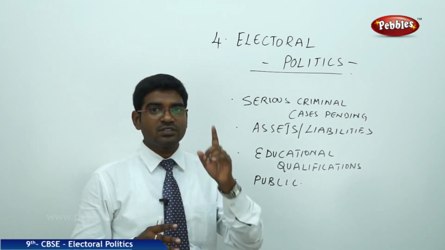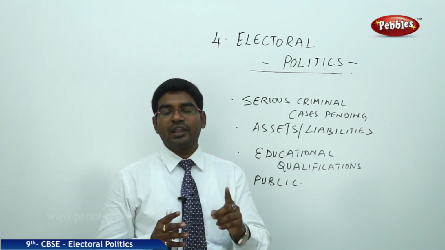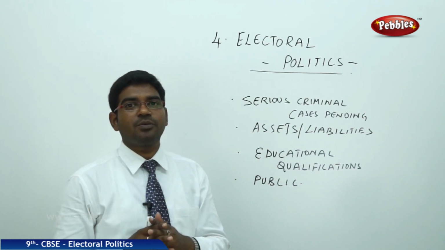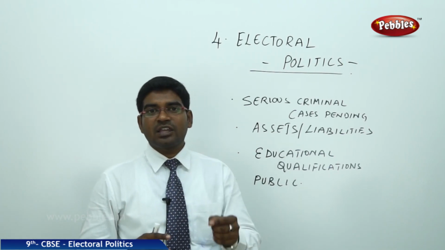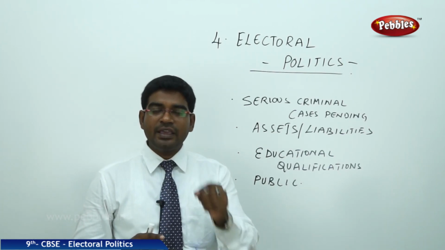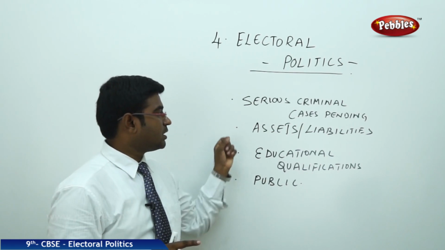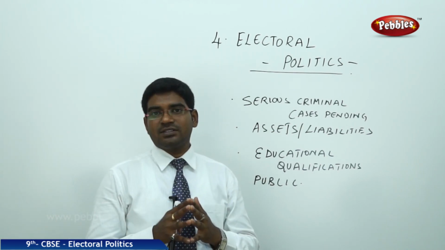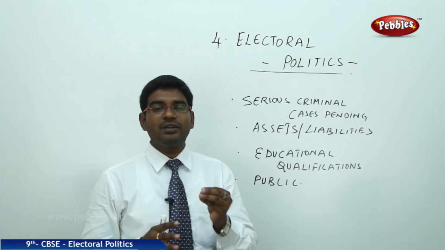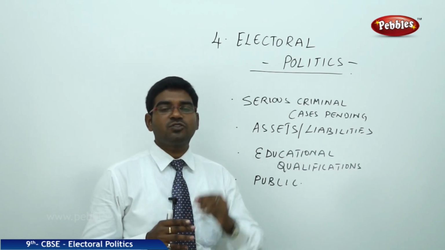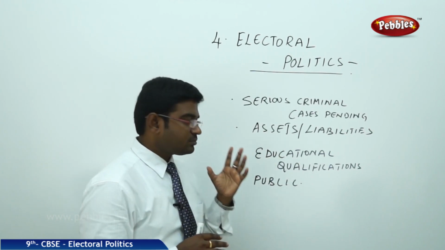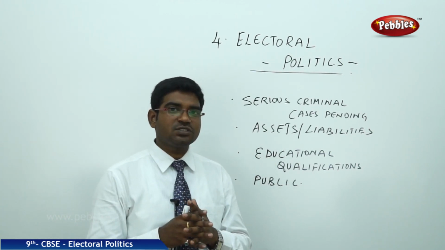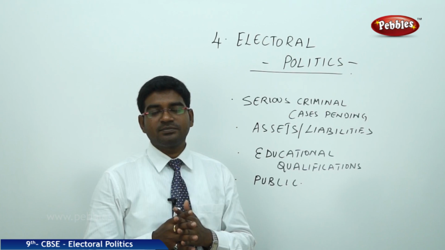First, they have to declare the serious criminal cases pending against them in the courts. Then the worth of the assets or the liabilities which their family members or they themselves own personally, and the educational qualifications if they possess anything.